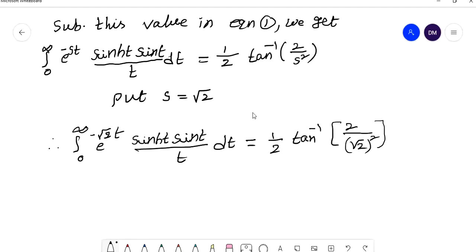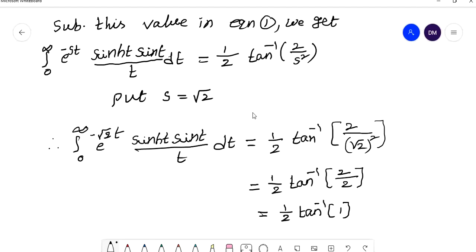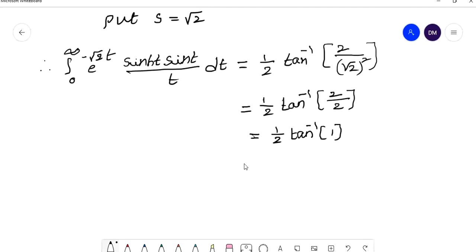So this is equal to 1 by 2 into tan inverse of 2 by, root 2 whole square means the square root and square are cancelled, then you get 2. So this is equal to 1 by 2 into tan inverse of 1. What is tan inverse of 1 value? Tan inverse of 1 value is pi by 4, that is 45 degrees.